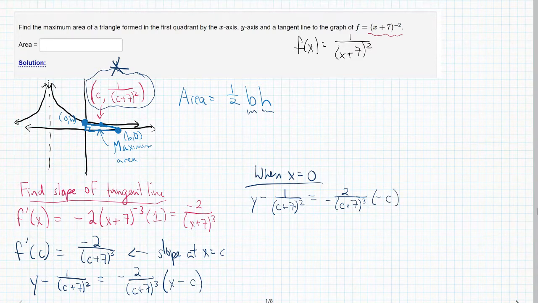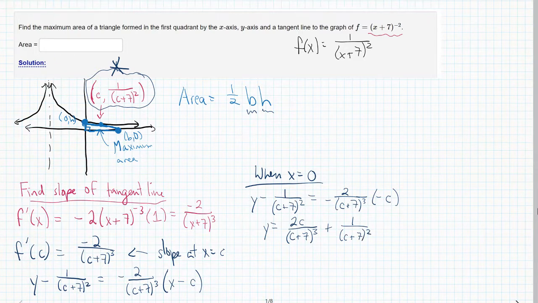Okay, so we can add that over to the other side, and we get y equals, negative times a negative makes it positive, so you get 2c over c plus 7, the quantity cubed, and then plus 1 over c plus 7, the quantity squared.